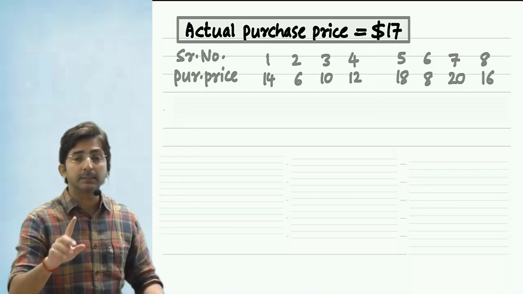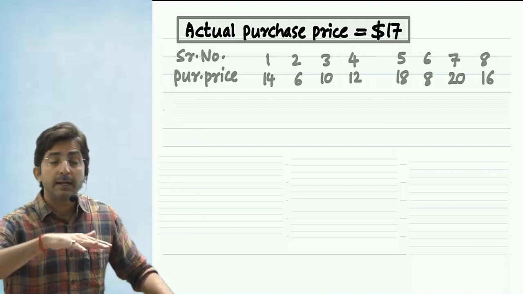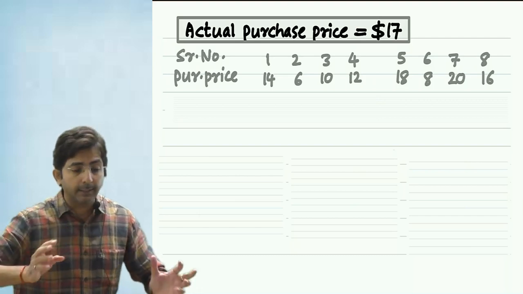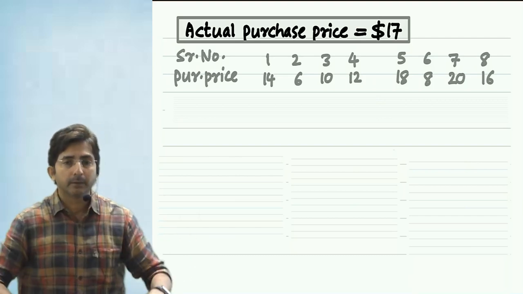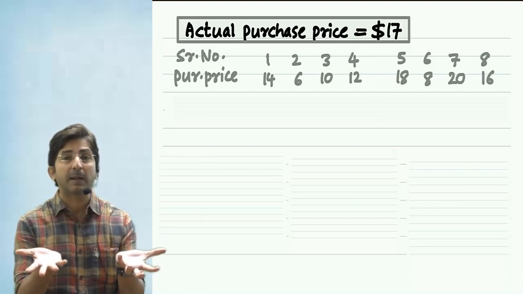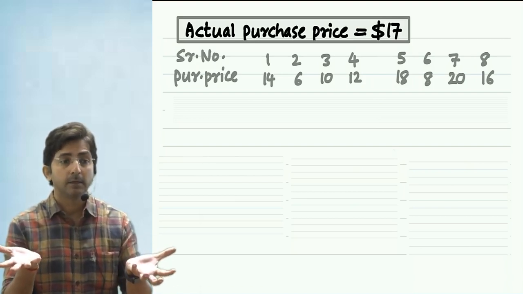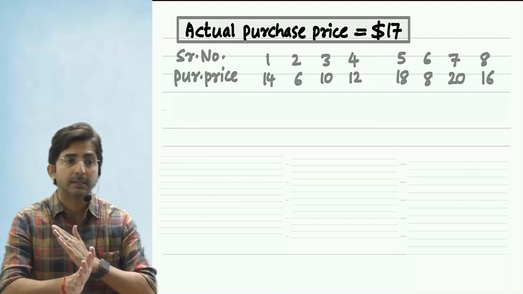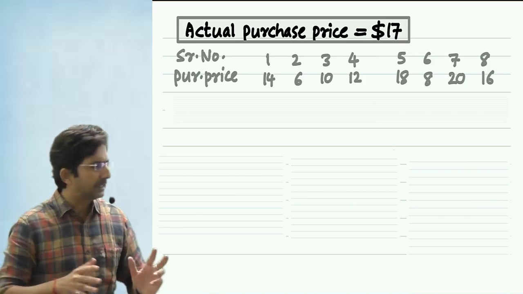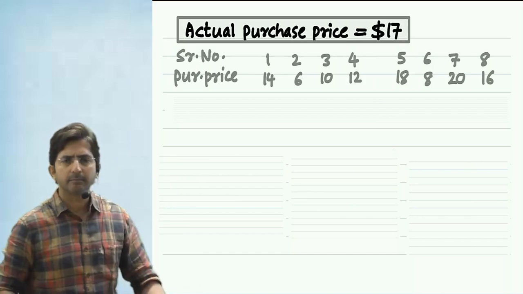All these prices will first be subject to adjustments to account for differences between IT and UT. You cannot directly jump to mean or median. First, whatever data you get, data meaning prices of unrelated parties, you have to make all the adjustments and bring the transactions at par, like discount, warranty. So let's assume all those adjustments are done.